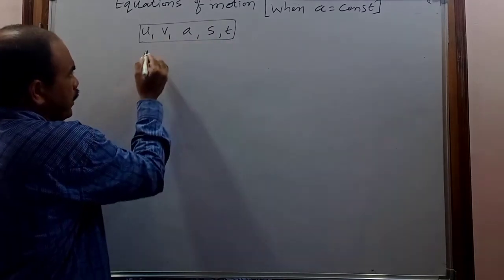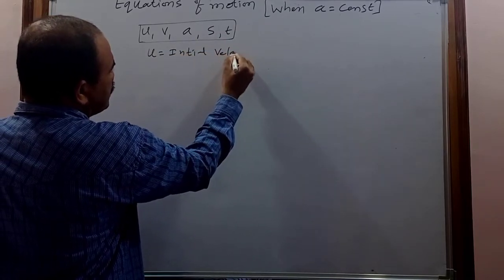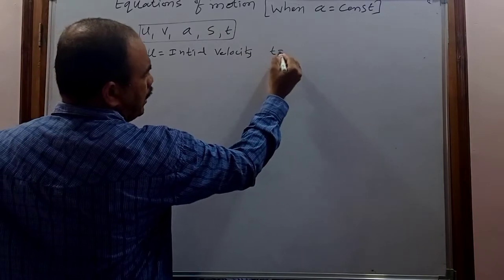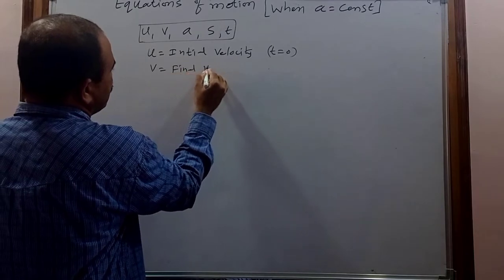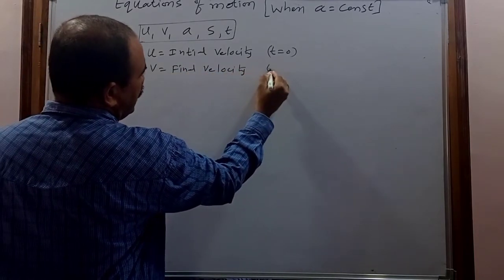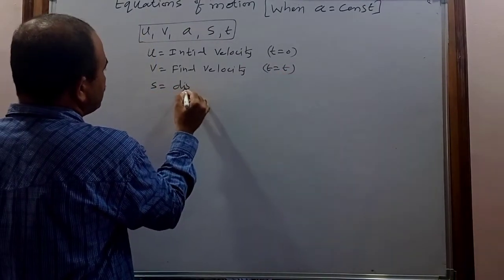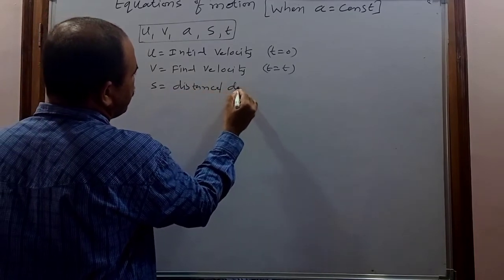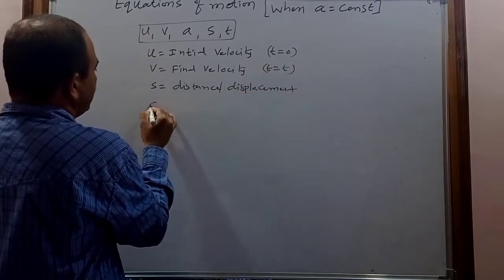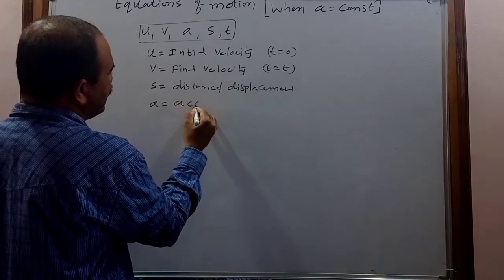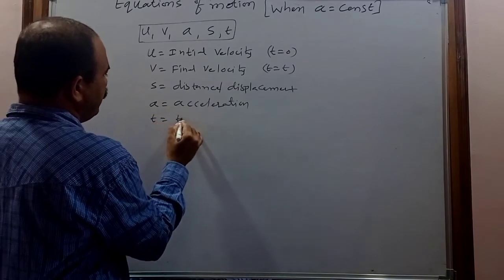Here u is the initial velocity, when time t equals 0, and v is the final velocity, when time t equals t. s is the distance or displacement covered in the time t, and a is the acceleration of the body. t is the time taken for the journey.